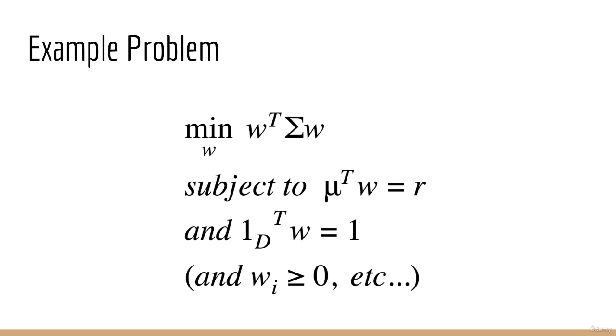So we have the constraint that mu dotted with W is equal to R, some desired return. Furthermore, we still have the constraint that the W's must sum to 1, which makes our portfolio a valid portfolio. Finally, we may have some additional constraints, like all the Wi's greater than or equal to 0 and less than 30%.